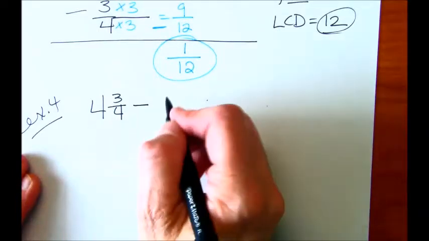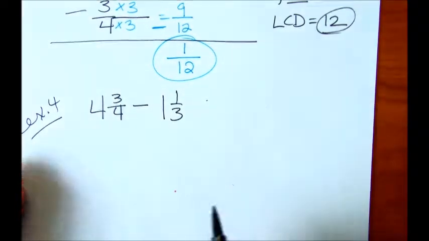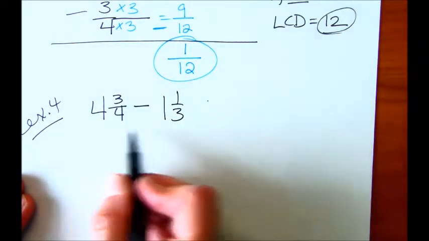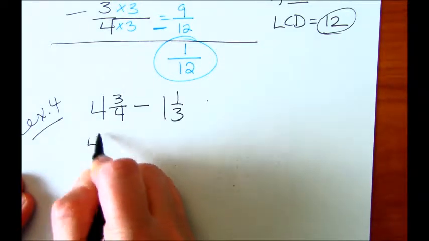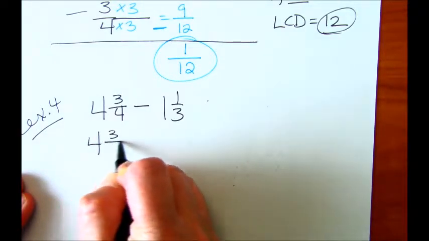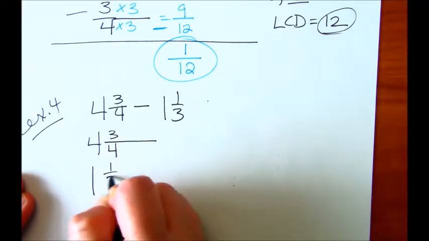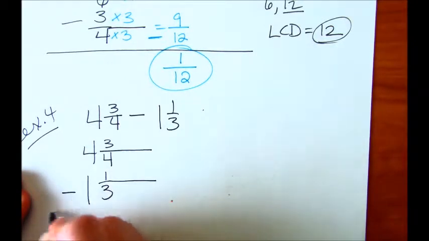So in this case, we're going to have 4 3/4 minus 1 1/3, and I accidentally wrote it out this way, but sometimes you read it like this, and in that case, just rewrite it, just so you give yourself enough room. And extend that out, and then we're subtracting.